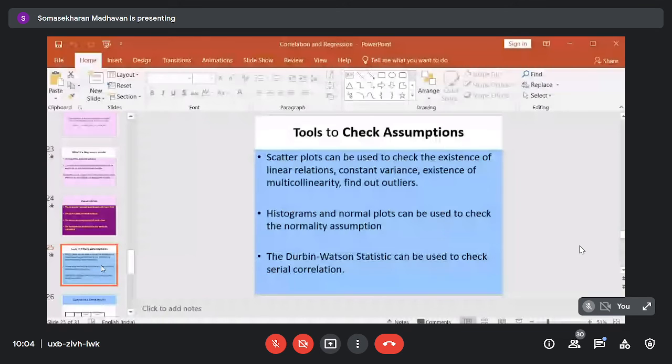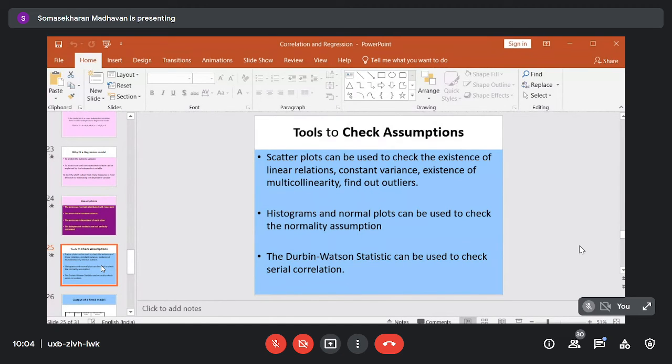Now the question, how do we check assumptions? Scatter plots can be used to check the existence of linear relations, constant variance, existence of multicollinearity, and to find errors and outliers. Histogram and normal plots can be used to check the normality assumption. The Durbin-Watson statistic can be used to check serial correlation or autocorrelation.